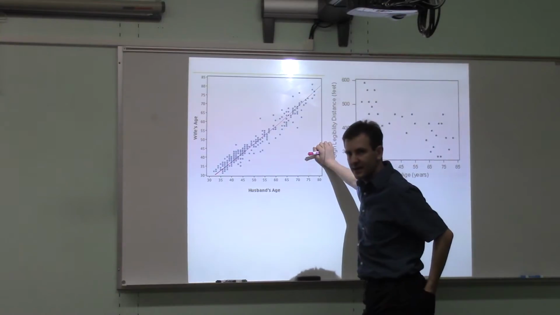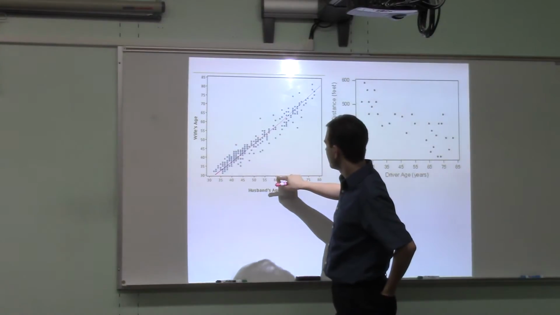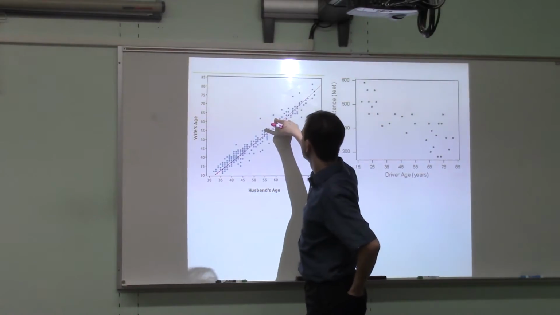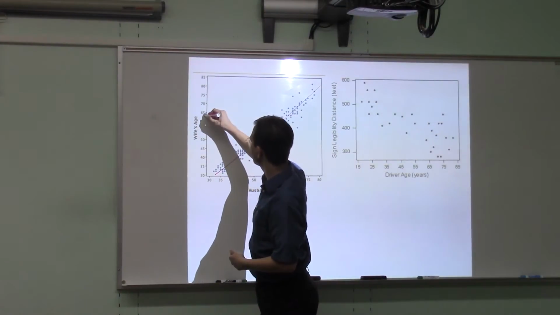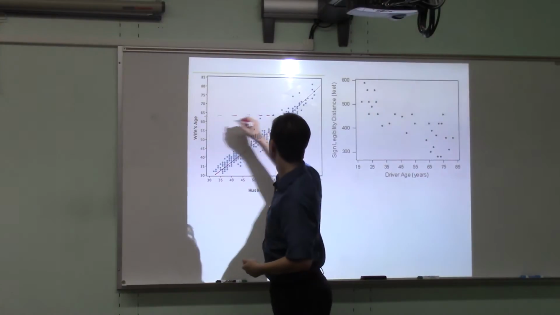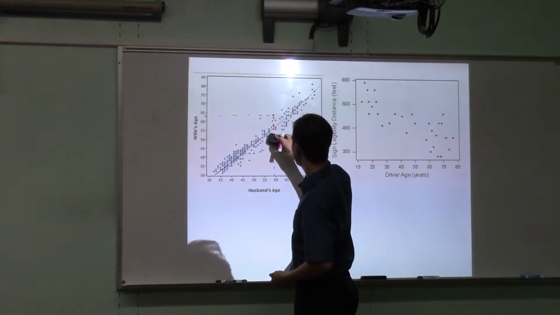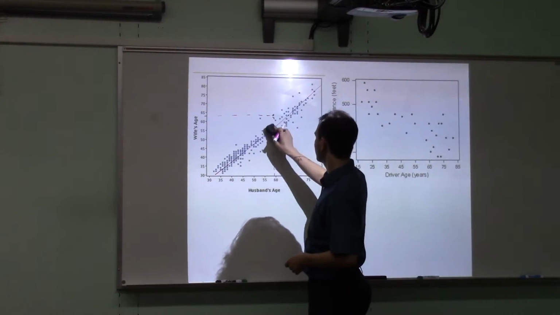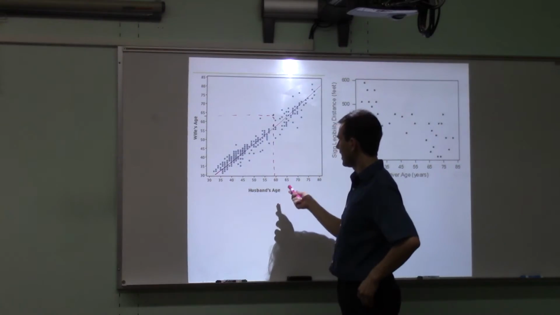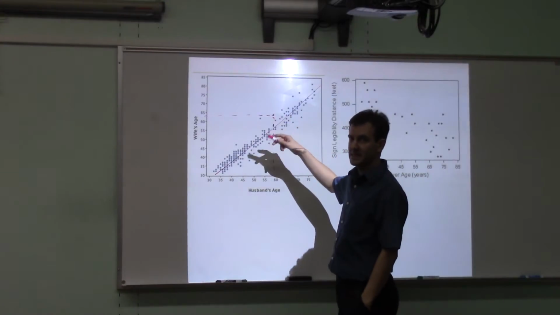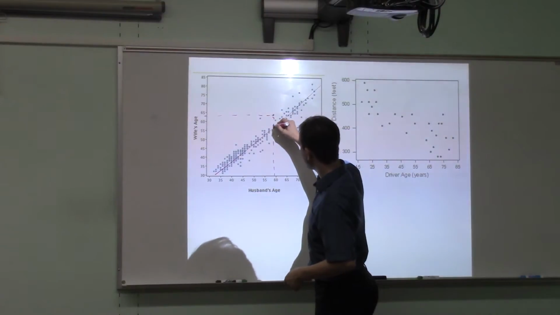So let's say I have a person who is 60 years old and their wife is 63, 64, something like that. Great. Here we have a 60-year-old man married to a 63-year-old woman, and we say this couple had a residual of however much they missed our prediction by.